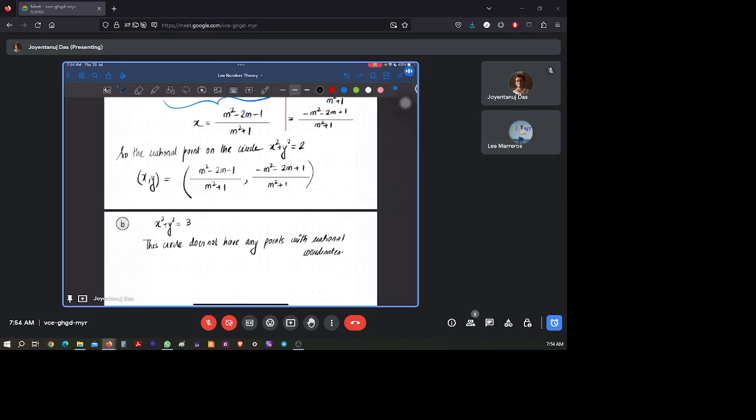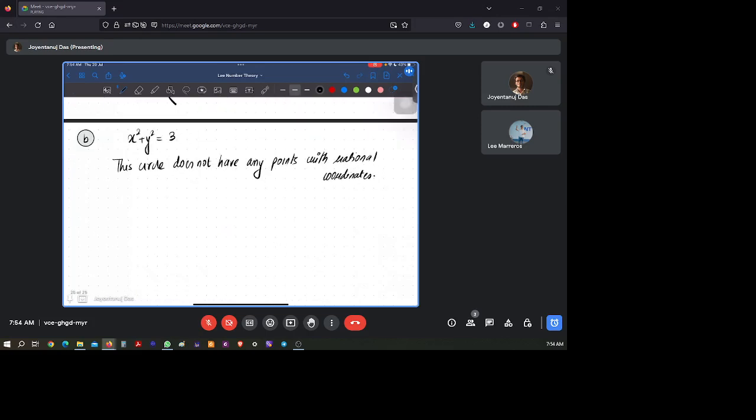So the argument is, suppose it has a rational solution, right? Then x equals some a by b, and y equals some c by d.